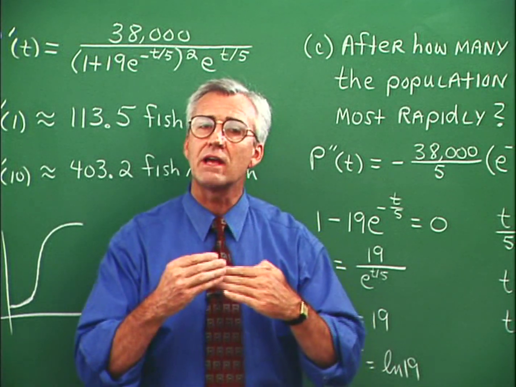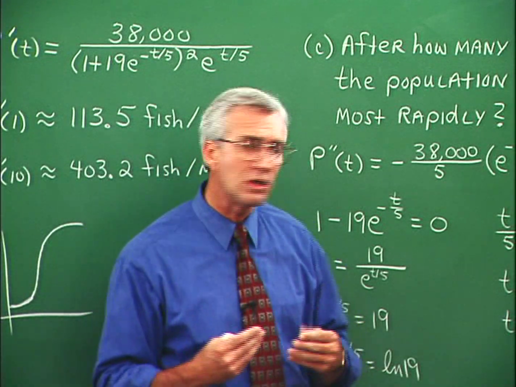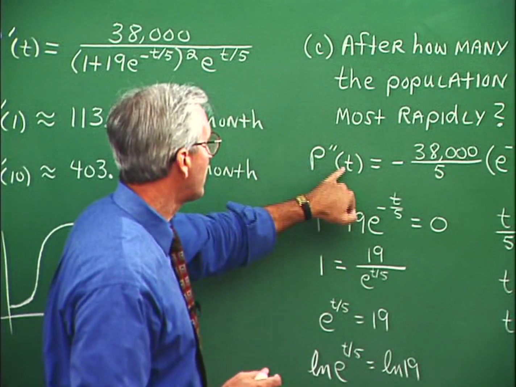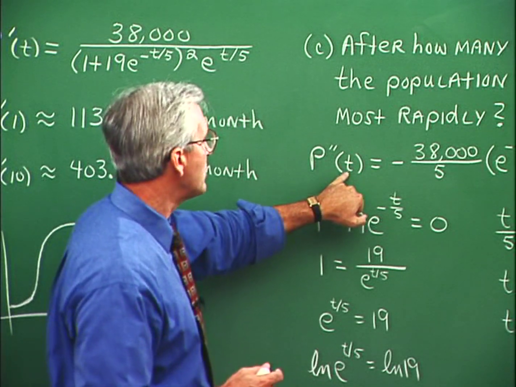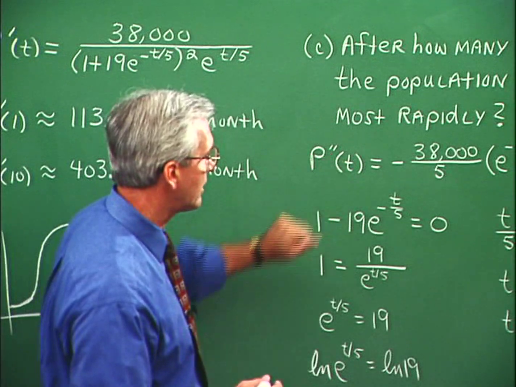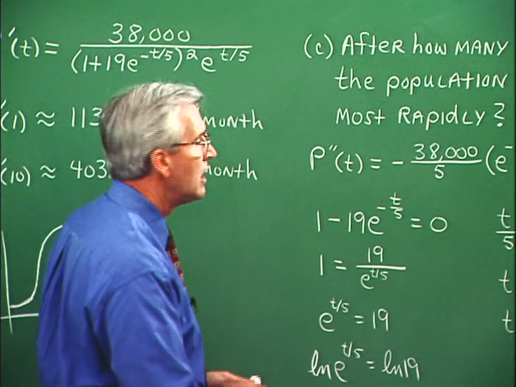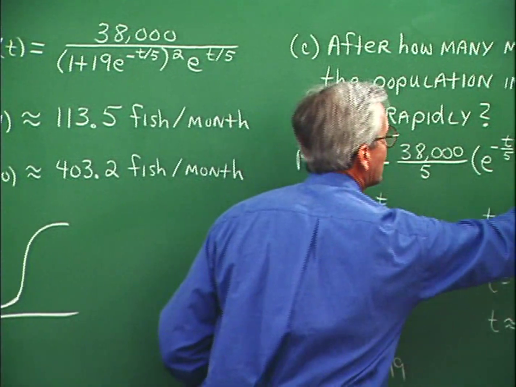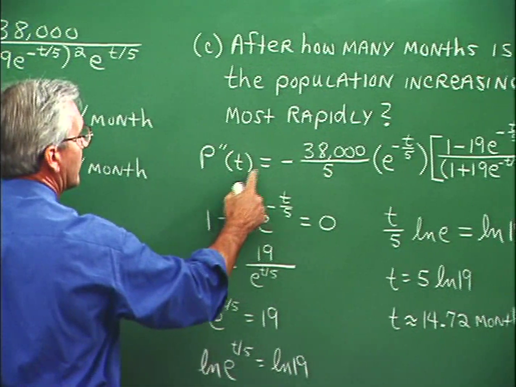So we would have a function of acceleration if we calculate p double prime of t. I'm not going to show you the steps involved in this process. I'm confident that you can do this. It's a little bit thick, but this is the answer. This is p double prime of t.